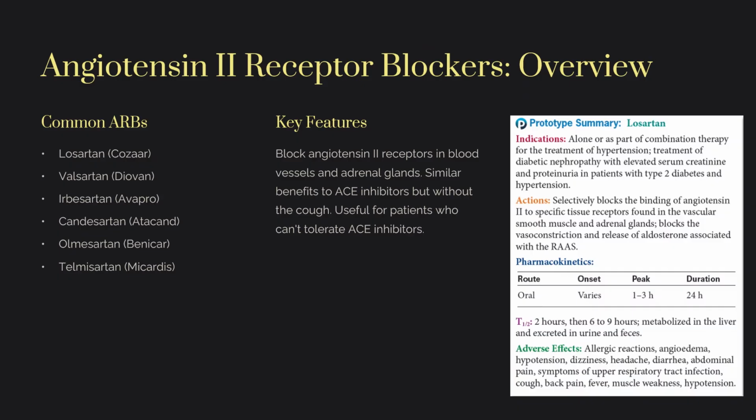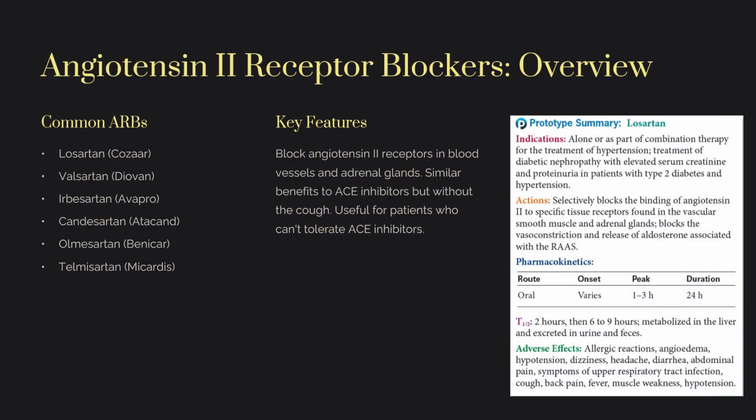Okay. Next, we're moving to ARBs. I might not get specific on some of these things just because these are very similar to ACE inhibitors, which makes sense because it's affecting the same system just a little further down. This is a potential alternative if they have the cough issue with ACE inhibitors, okay?